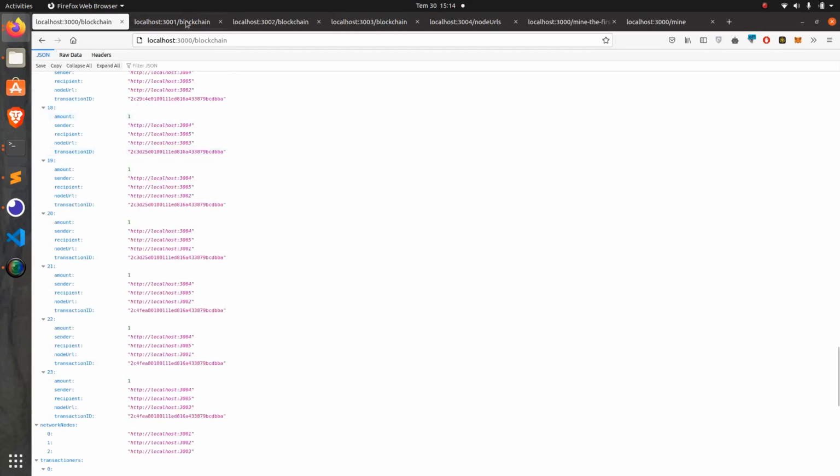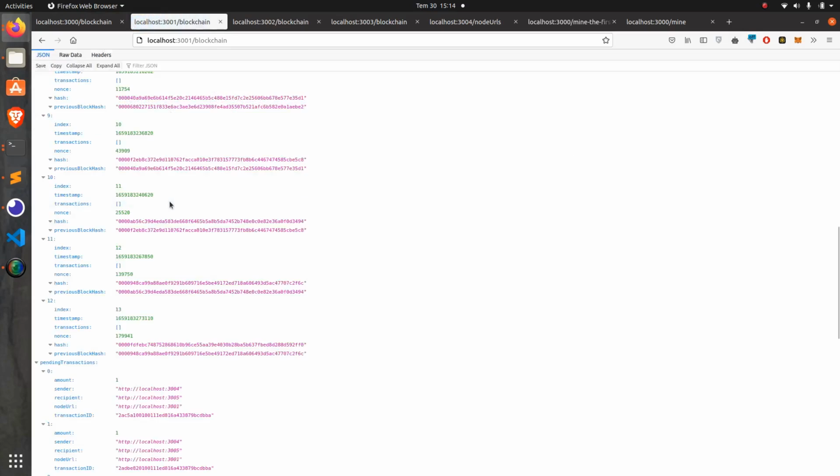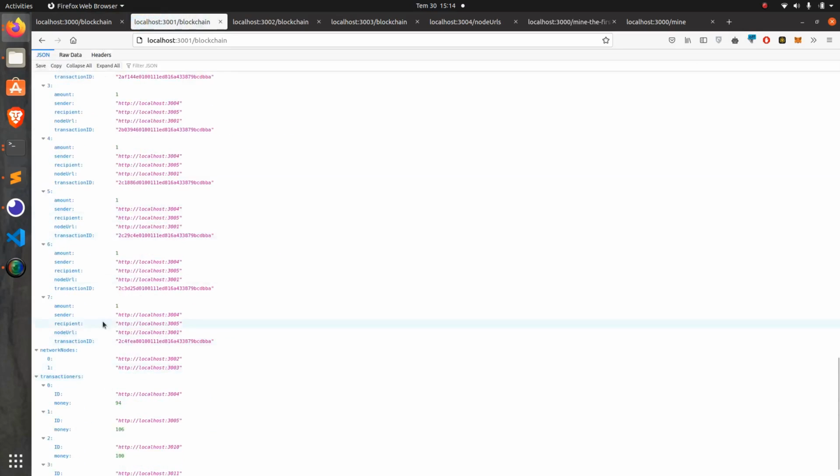Now 24 transactions are in the miner node and 8 transactions at the transaction nodes.